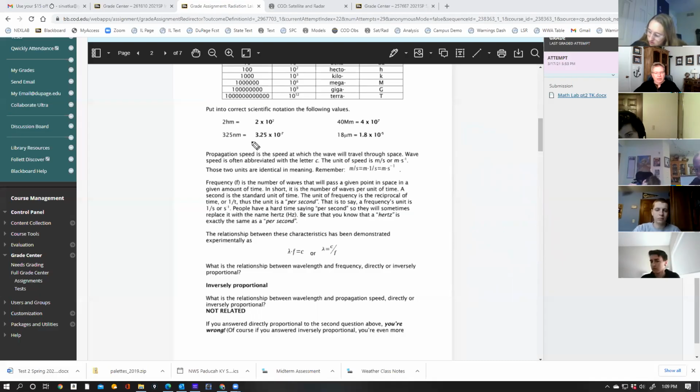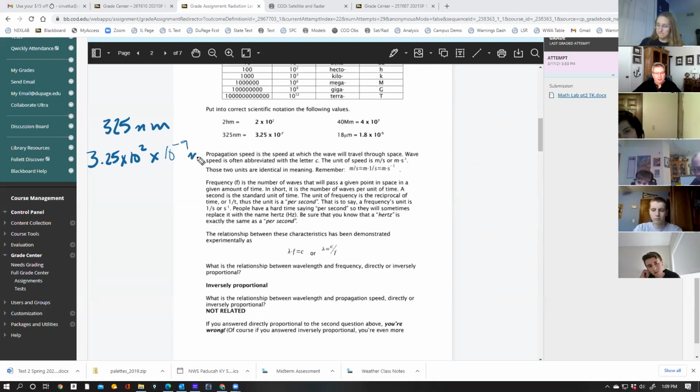Okay, next one, same thing. Now, again, I don't know offhand if this is right. So I go 325 nanometers, and that's 3.25 times 10 squared times nano. What's nano mean? If you look in there, it's 10 to the -9th times meters.